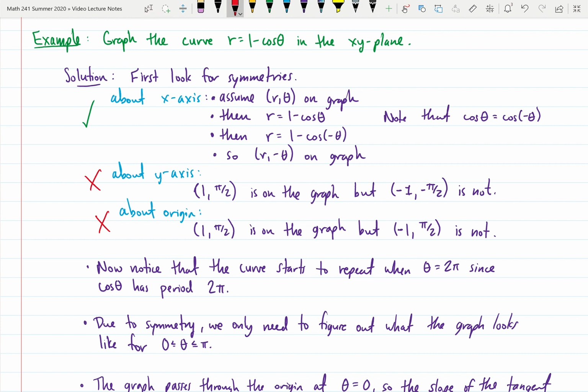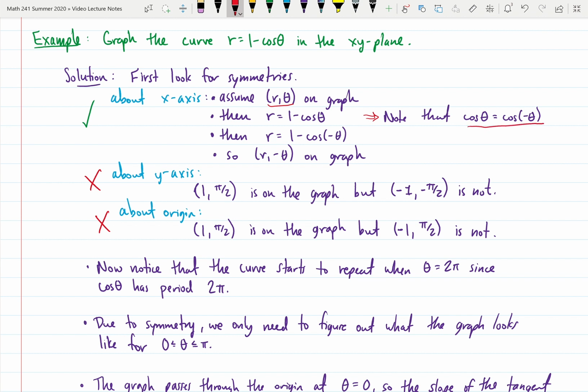So we're going to assume that some point, call it r theta, is on our graph. Then this implies that r is equal to 1 minus cosine theta. And over here, this note is super important in this case. For all theta, cosine theta is equal to cosine of minus theta. This is a trig identity that you should know.